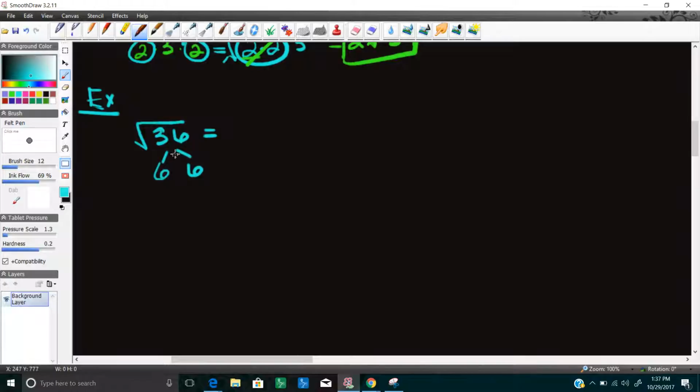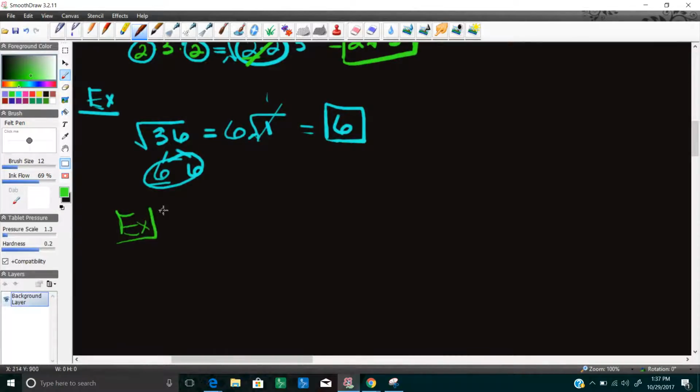In this case, because we already have a pair here, I can already circle them. I'm going to pull one of these 6's out, which gives 6 square root. I didn't leave anything inside, so there's an imaginary 1, but we know the square root of 1 is just 1. So this one is just 6. And that's why this works.